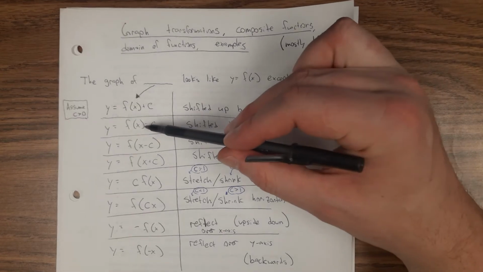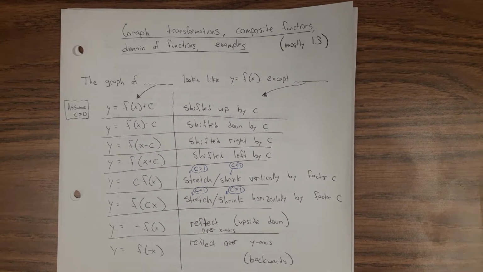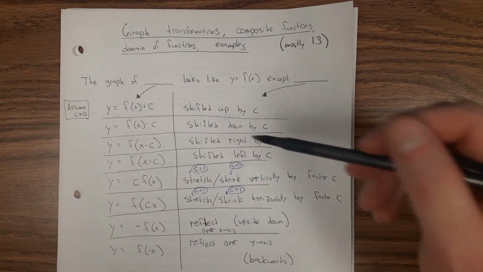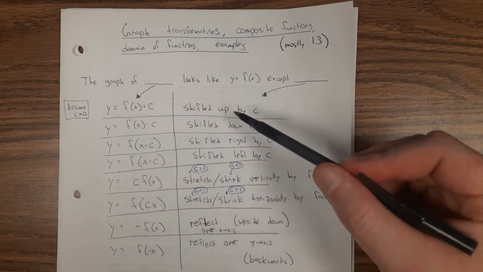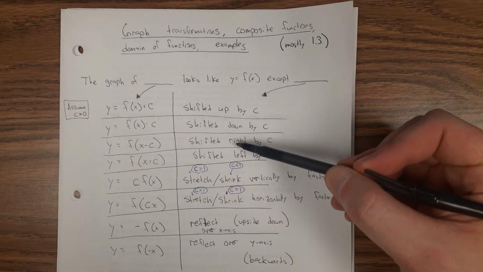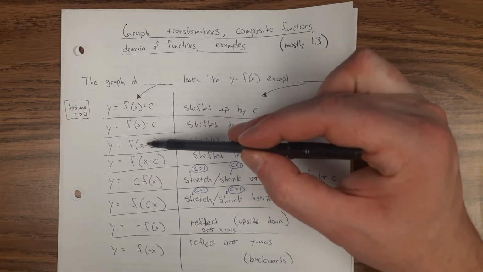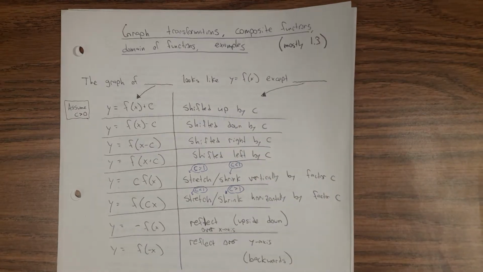And then if I were to subtract c instead, that's shifted down by c units. And so this table is a summary of these things. What we just covered is vertical shifts. It's the shifts that are up and down. There's also shifting left and right. And that's if you have addition or subtraction inside the parentheses.